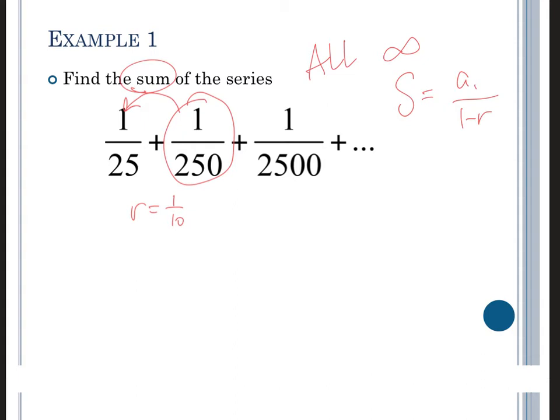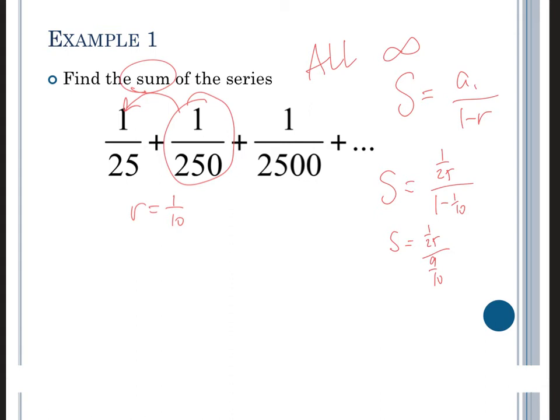So let's go ahead and do this formula. First term is 1/25. The ratio is 1/10. So now I have 1/25 over 9/10, which I'm going to do on my calculator.